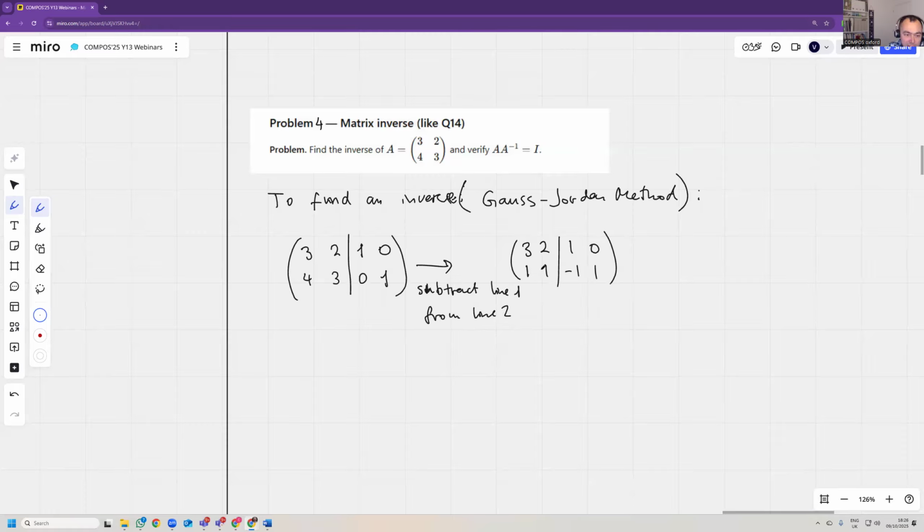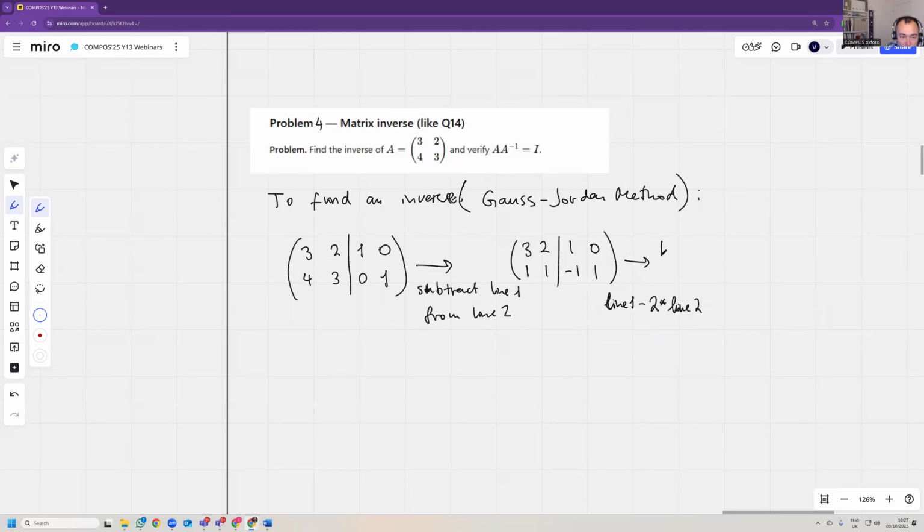So I've simplified the bottom part. Now we do line 1 minus 2 times line 2. Right, so we do this minus double this.